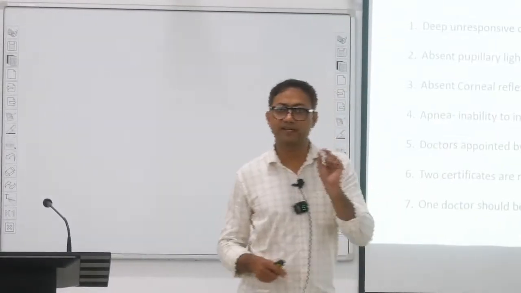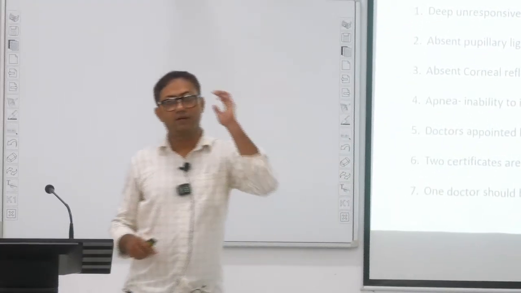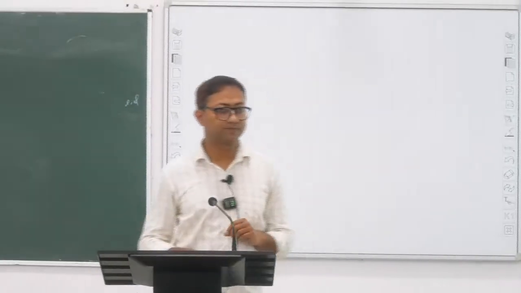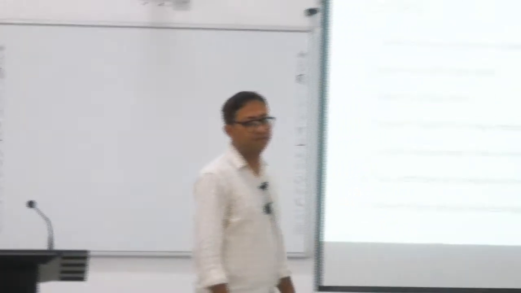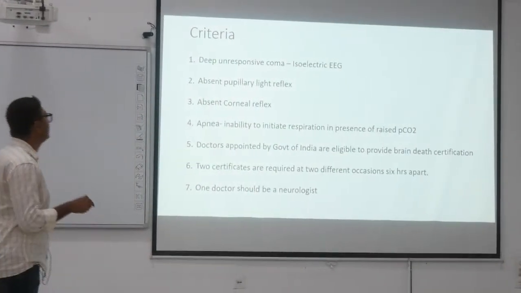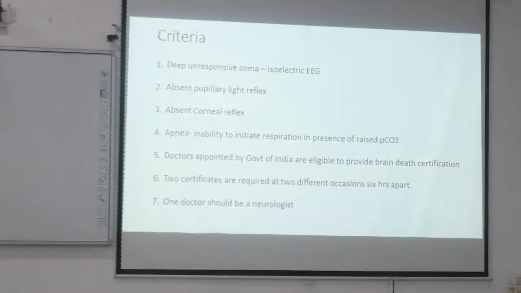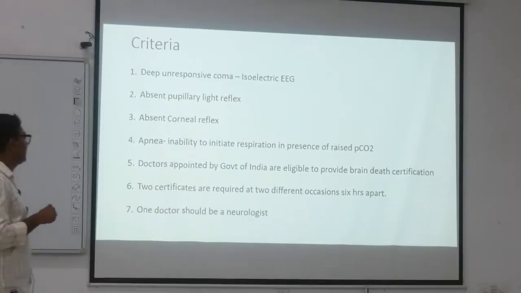line. That means there is absolutely no electrical activity of the brain neurons. Then you check for the pupillary light reflex. So there is no reflex, absent pupillary light reflex. Then you check the corneal reflex, so absent corneal reflex. Then there is apnea.